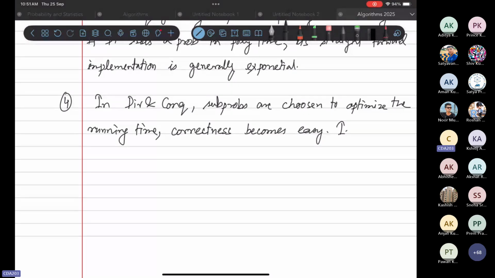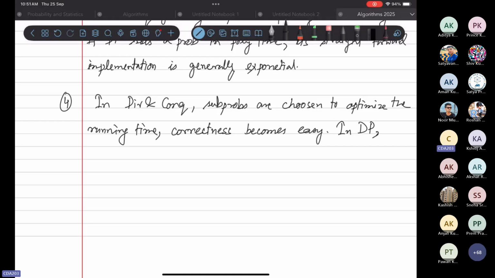But in dynamic programming, we first look into the solution of the original problem and then try to analyze it, and we design it in such a way that correctness stays in our mind.